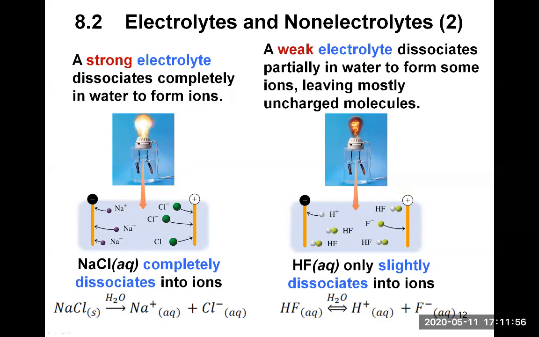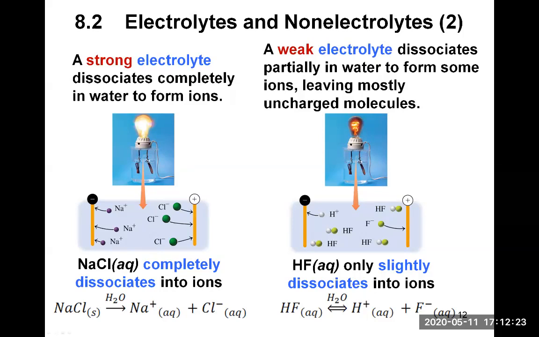So it's what we call a reversible reaction, because it goes both ways. The molecule HF dissociates into H plus and F minus, but the ions also combine together to bring back the neutral molecule of HF.